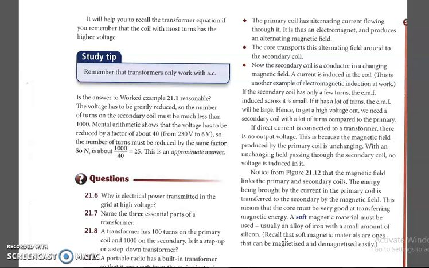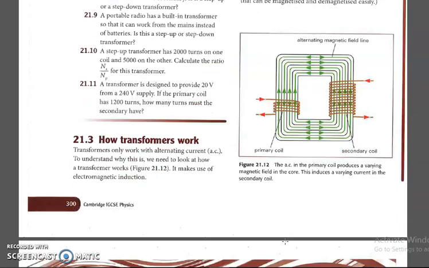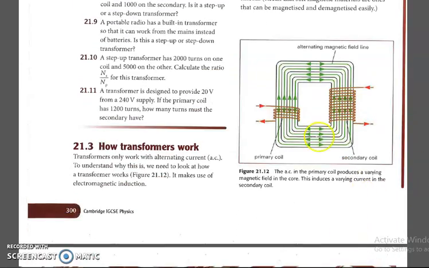We have studied that a soft magnetic material gets magnetized and demagnetized faster when compared to steel. So when AC in the primary coil produces a varying magnetic field in the core, this induces a varying current in the secondary coil.